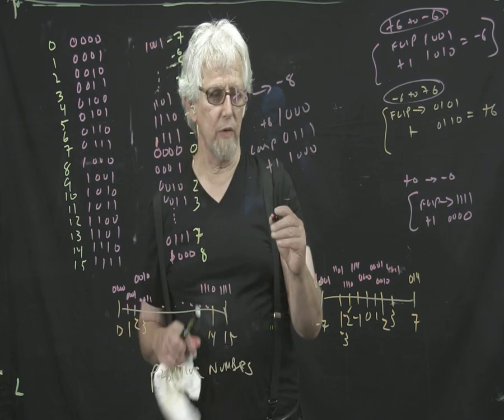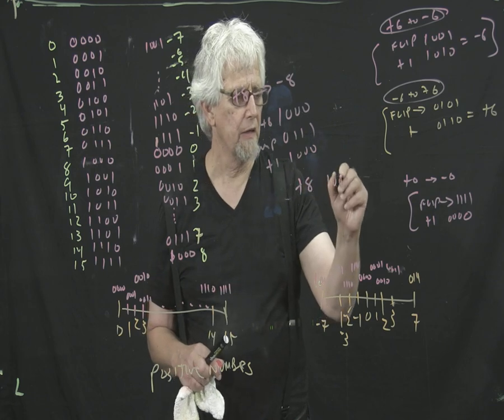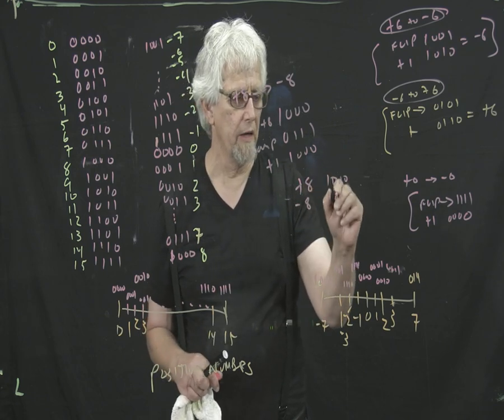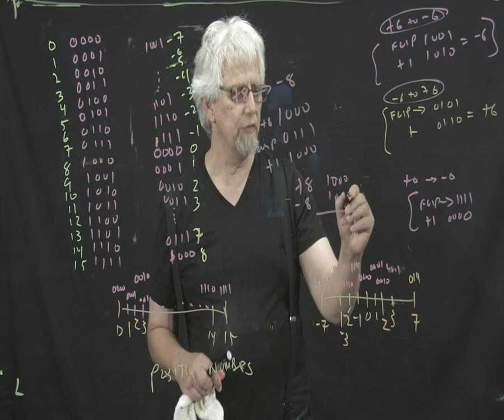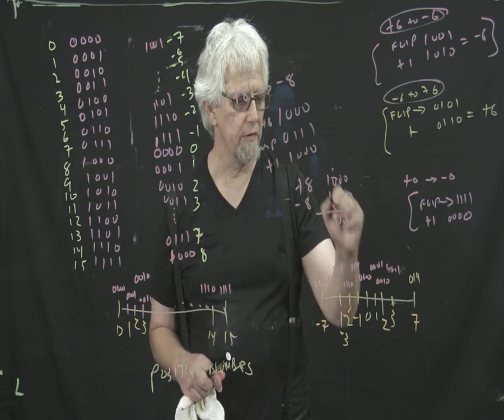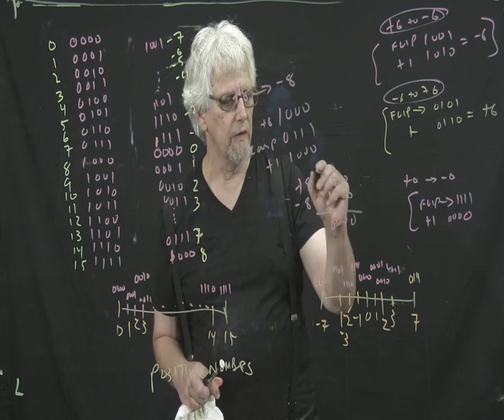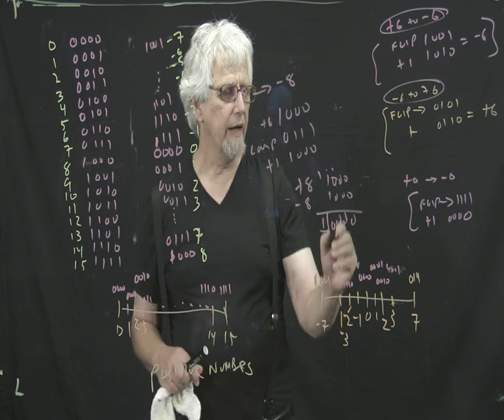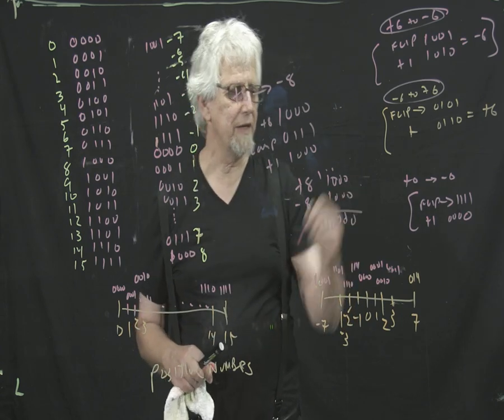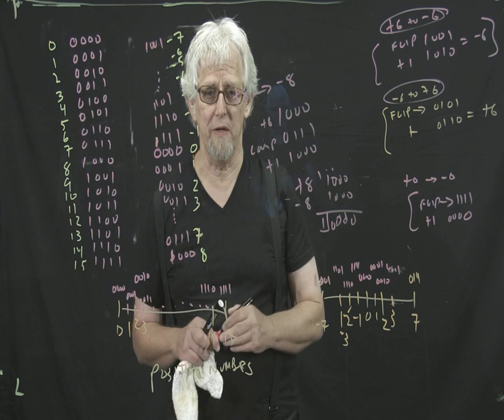Okay, let's see if this works. Add them up, 0, 0, 0, 1 plus 1 is 1 to carry. And it works. Plus 8 and minus 8 produce 0, right?